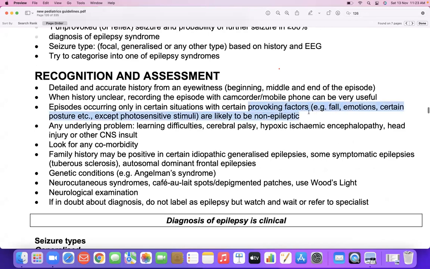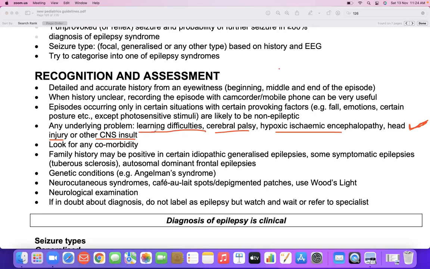So any provoking factors, history will give you the clue. Any underlying problem, yes, underlying developmental issues with the child, may be a genetic condition. So underlying problems like learning difficulties, cerebral palsy, hypoxic ischemic encephalopathy, head injury. History of trauma is very important in any child with epilepsy or seizure presenting to you, and any other CNS insult.